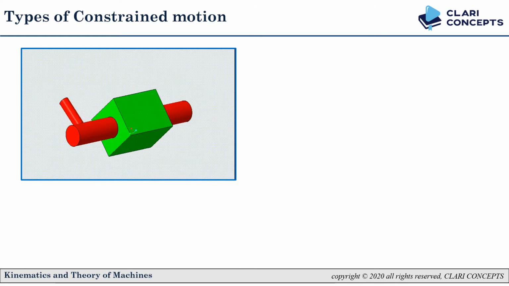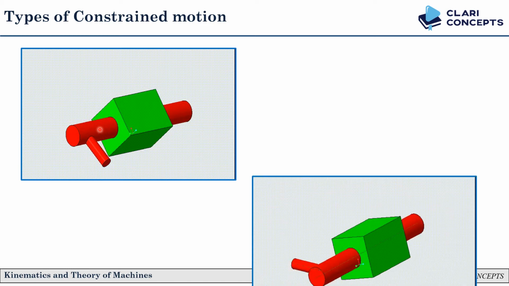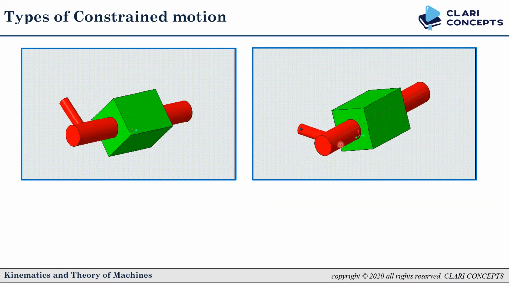Now we will modify that example, and I will replace the square bar by a circular bar and the square hole by a circular hole. Here you can see the circular bar can rotate inside the circular hole, and if I want to slide it, it will slide also. So here we can see that the circular bar is also sliding inside the circular hole.